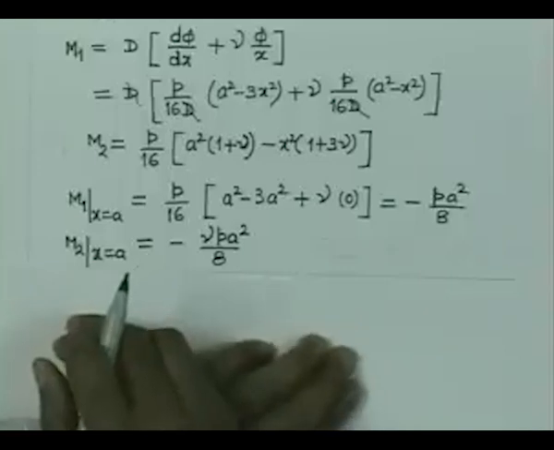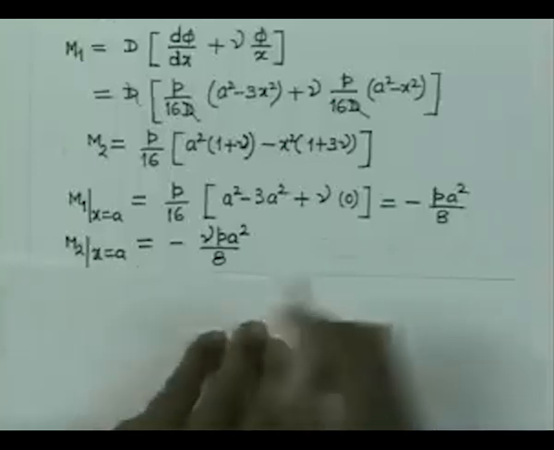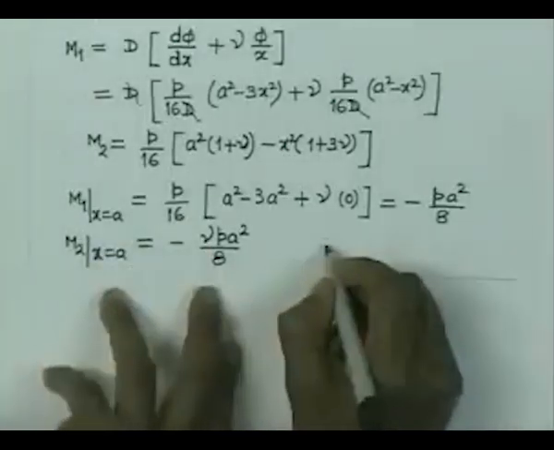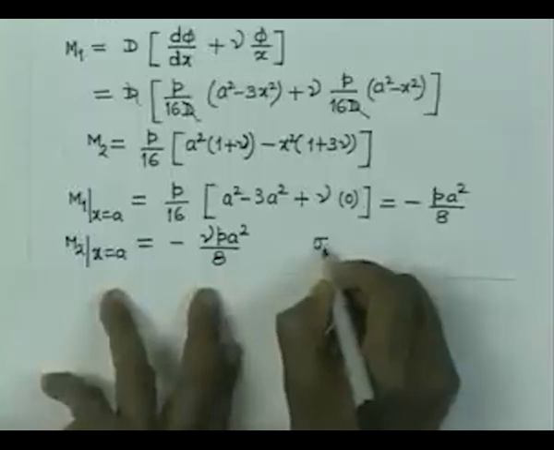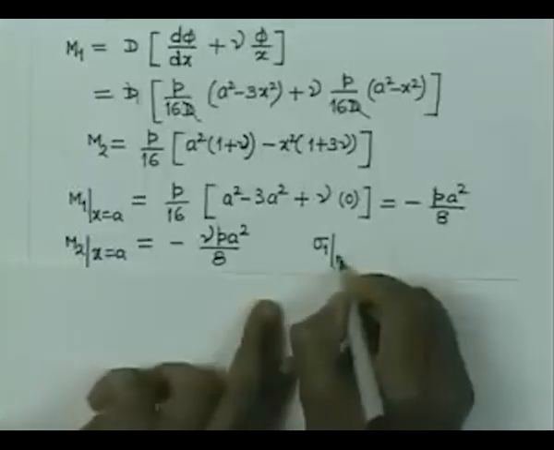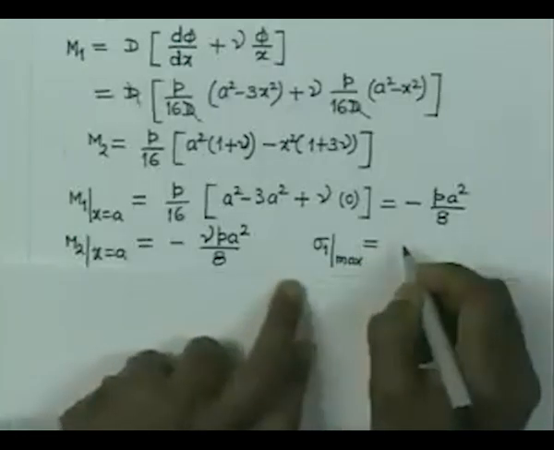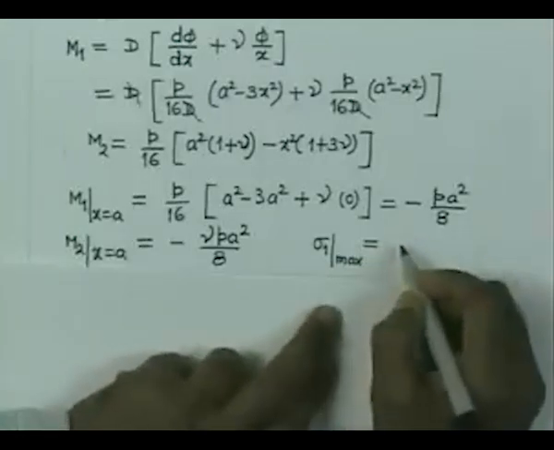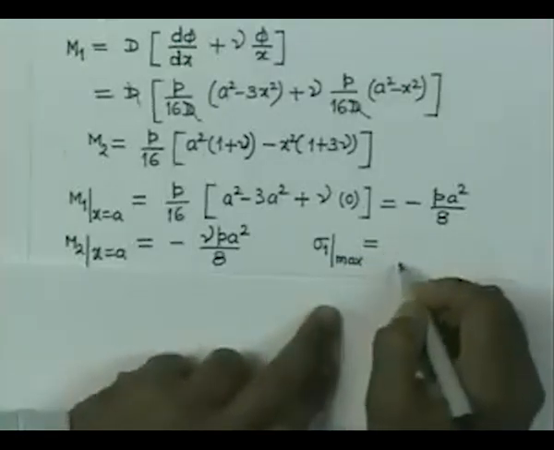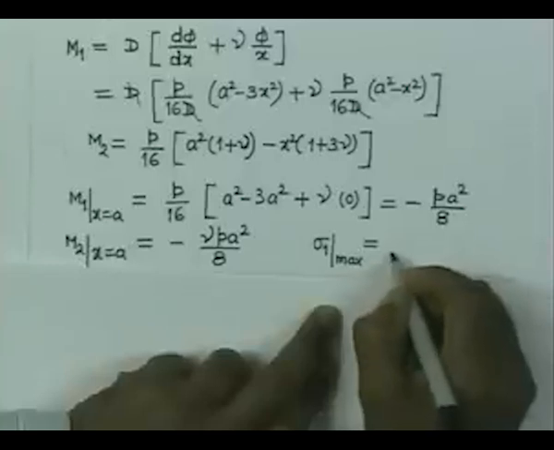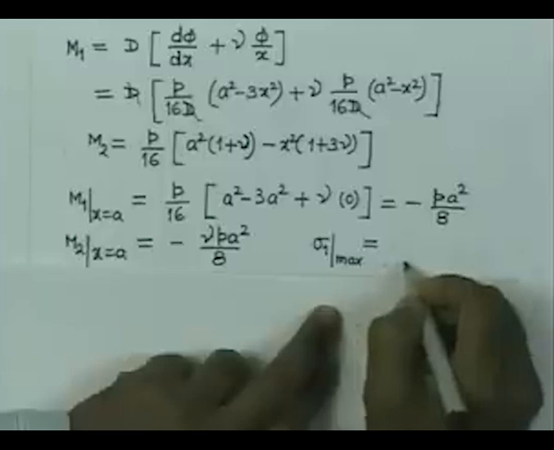Now, let us try to see how the stresses are going to come up. Because of this bending moment, we will have a stress given by the extreme fiber stress, which is maximum, and can be calculated from the formula 6 M by b h square, where b is unity.